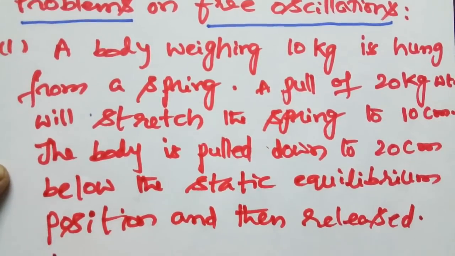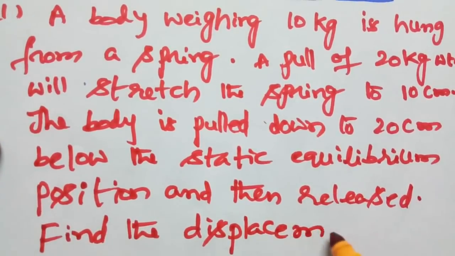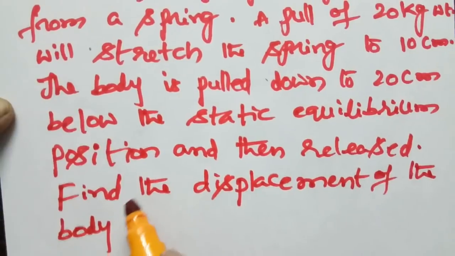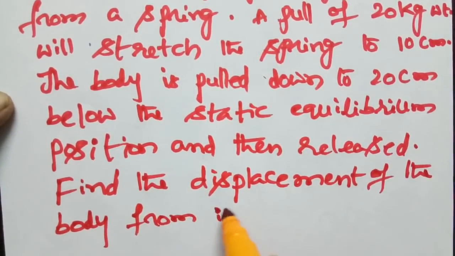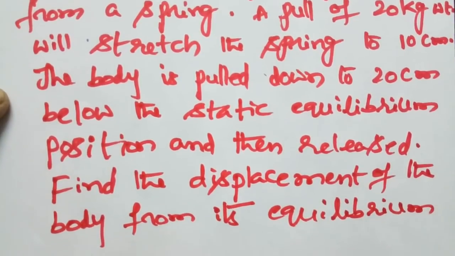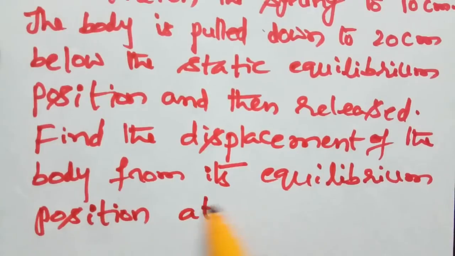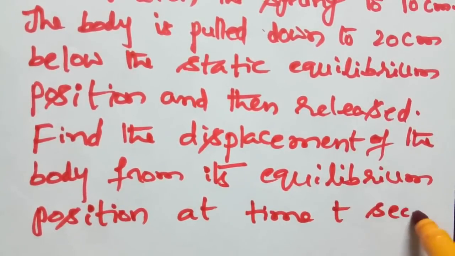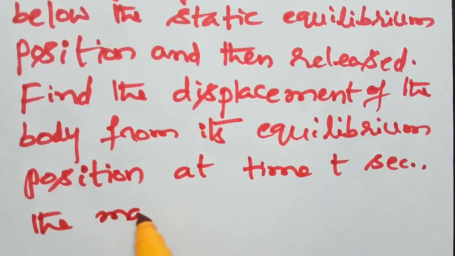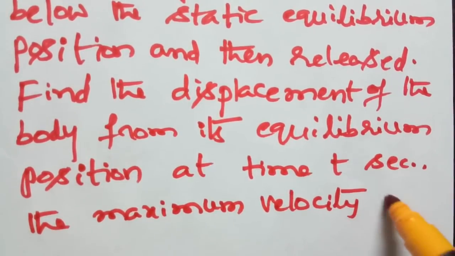Find the displacement of the body from its equilibrium position at a time t seconds, the maximum velocity, and the period of oscillation.